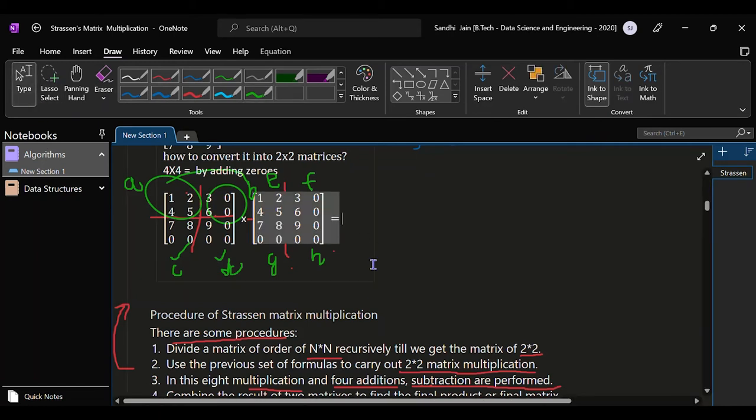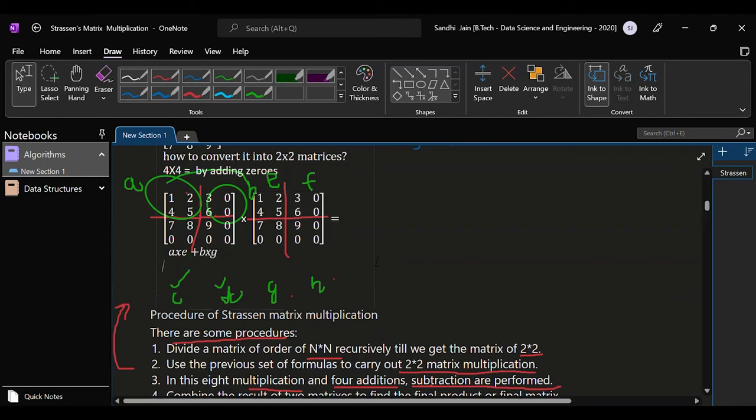You're going to write A multiplied by E plus B multiplied by G.